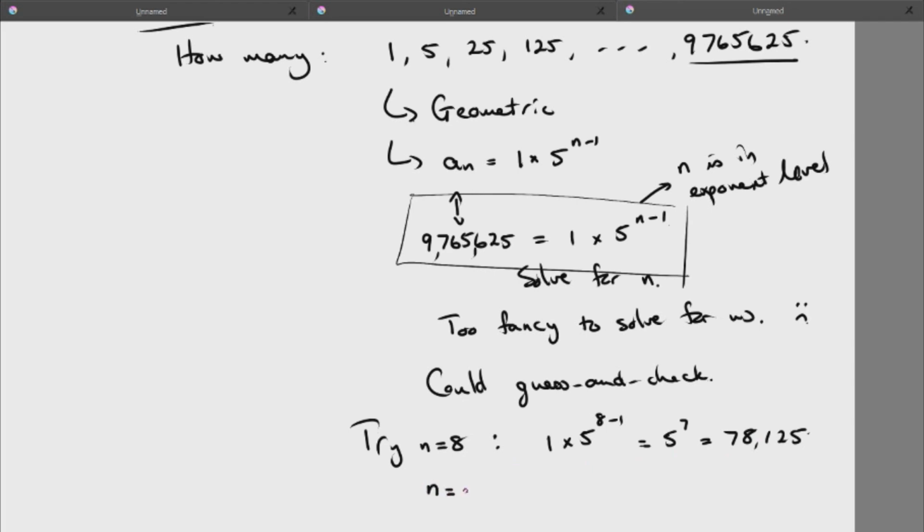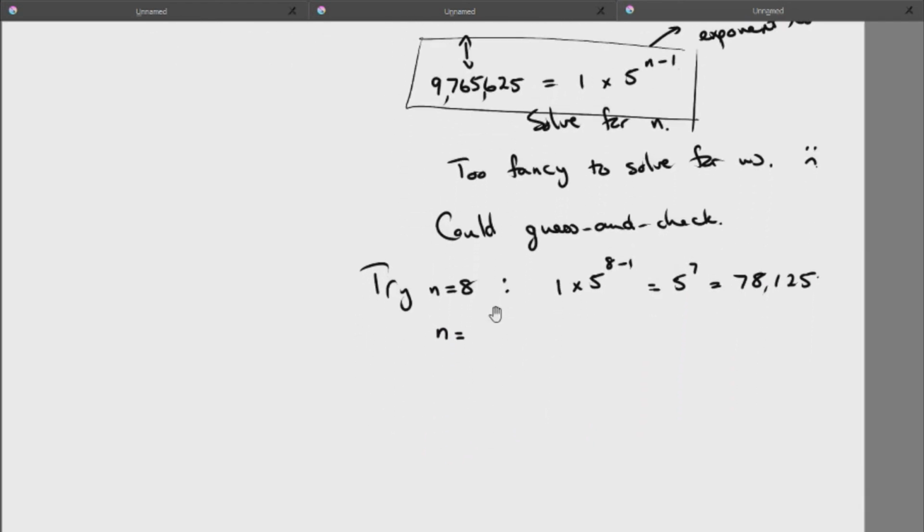What else could I try? 32. No, he said 32. Let's try 32. That's the downside of guess and check. You jump around and it could never work. But eventually the window closes, exactly.